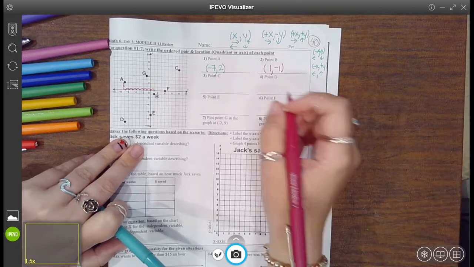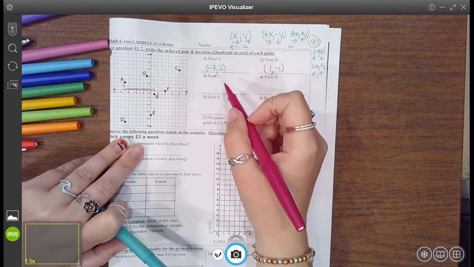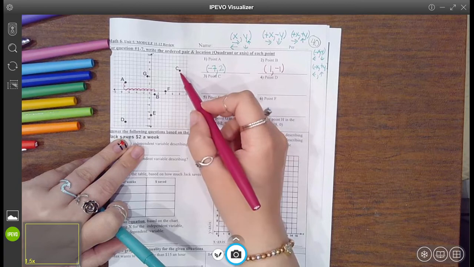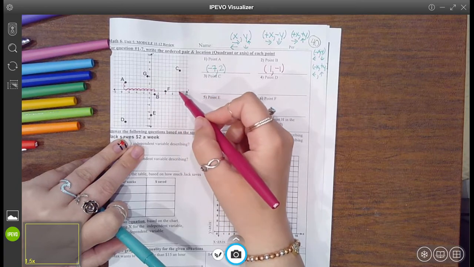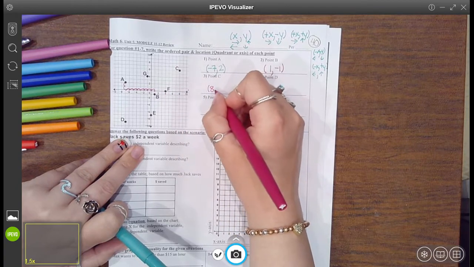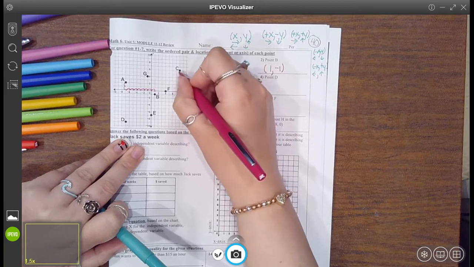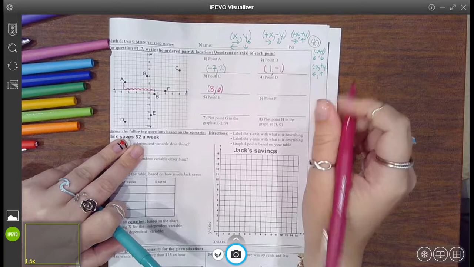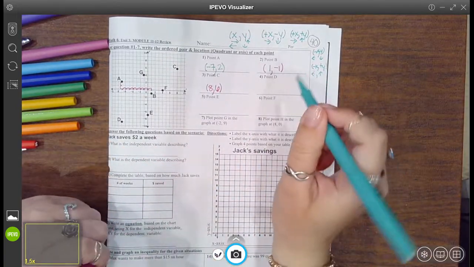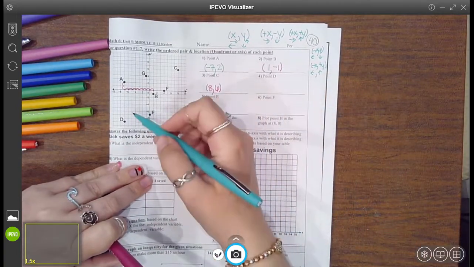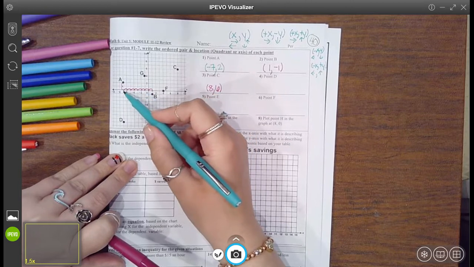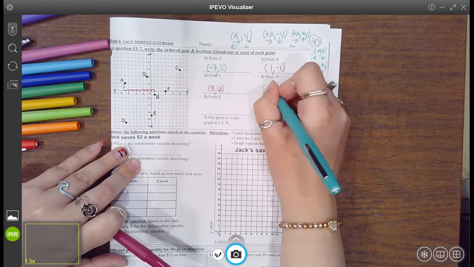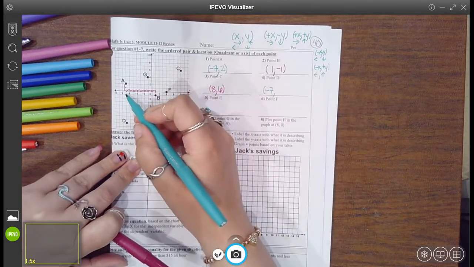All right, my next one says point C is right there, and it went all the way 8 to the right, and then up how many? Right there at the 6. Okay, D is right here. It went left all the way over to negative 7, and down how many?